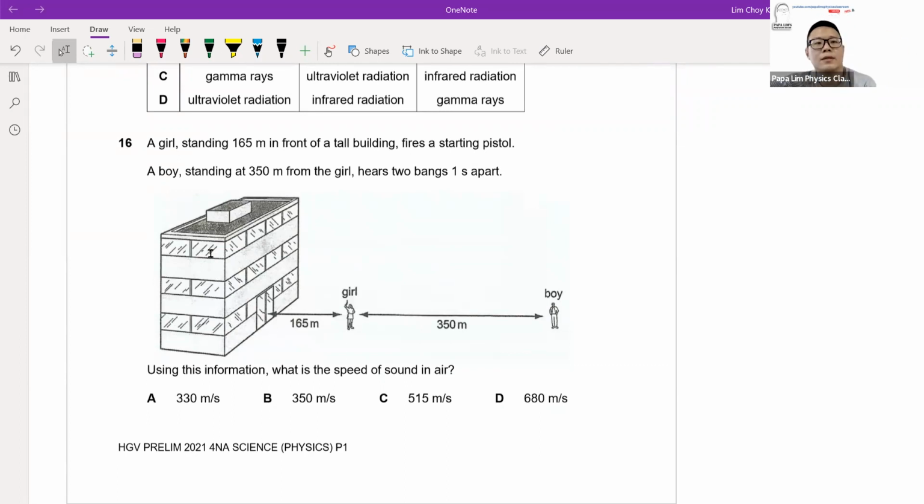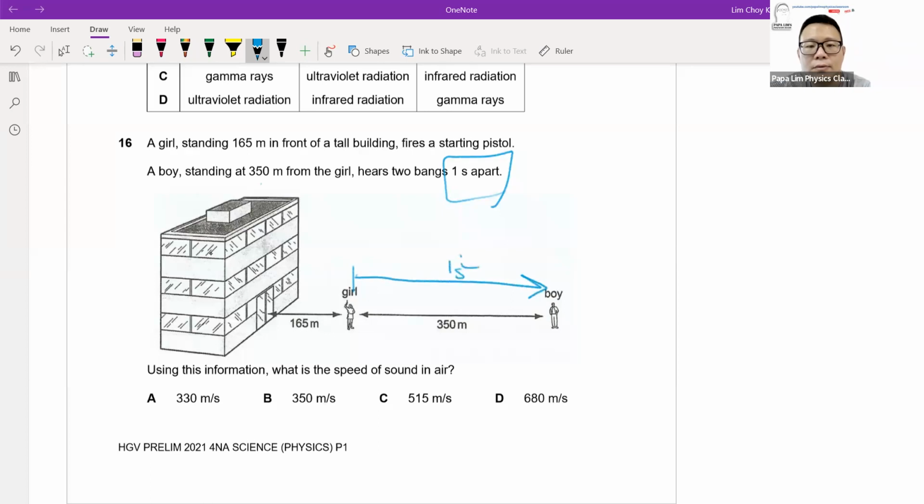Now, when the boy at 350 meters from the girl hears the bang 1 second apart. Here I would say the drawing actually is the most important one. Why did the boy hear two sounds? It's because the first sound that the boy hears is actually from the girl to the boy.